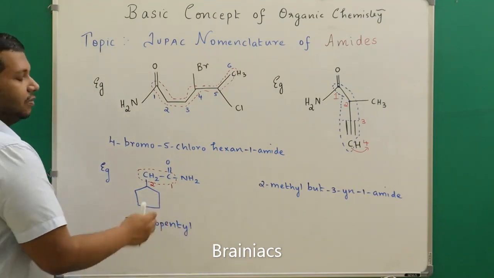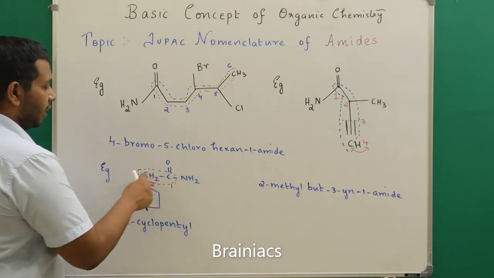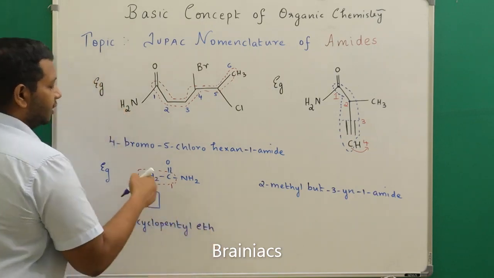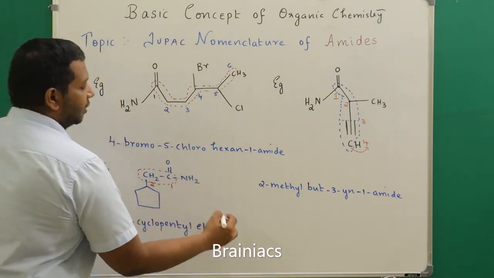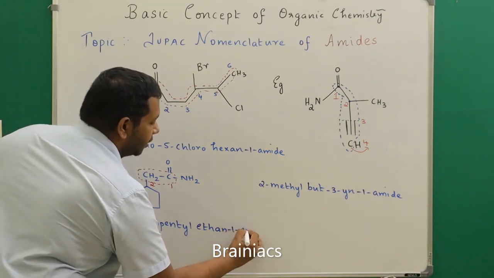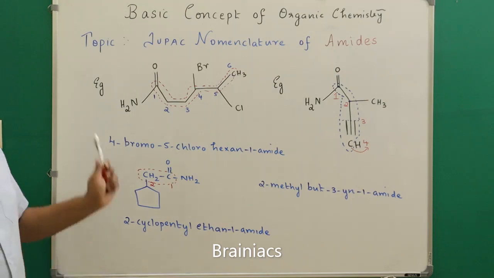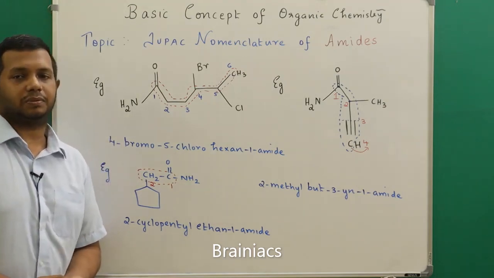Then the primary prefix is not applicable because the parent carbon chain is linear. Then the word root: how many carbon atoms are there? 2, so we use the term eth, and they are connected through a single bond, so we use ethane. Then at first position there is amide. So ethane 1 amide. Understood? Very, very important examples. I hope you understood. Now we will go to the next class of organic compounds.